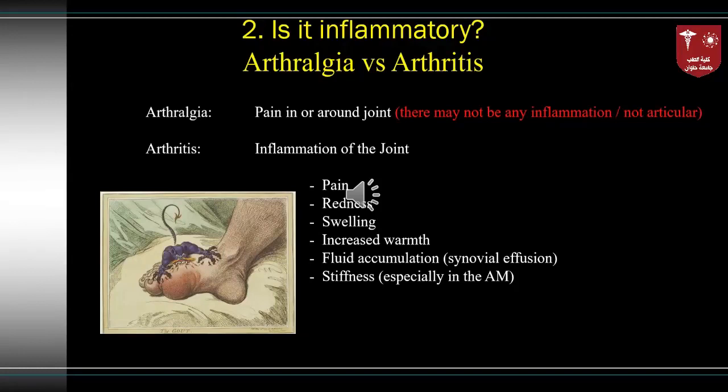If there are signs of inflammation, we label the patient as inflammatory arthritis. If the patient comes just with pain, we label it as arthralgia. So arthralgia is not inflammation of the joint, but arthritis is inflammation of the joint.